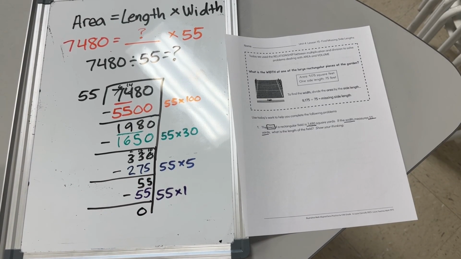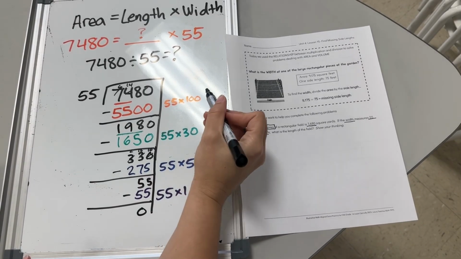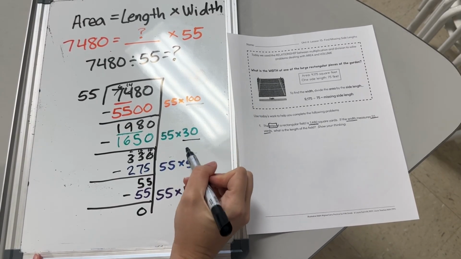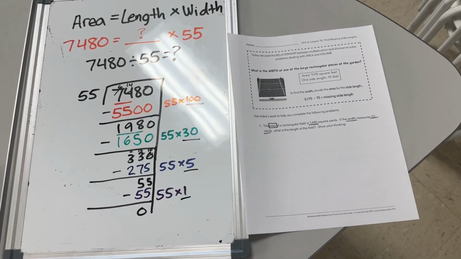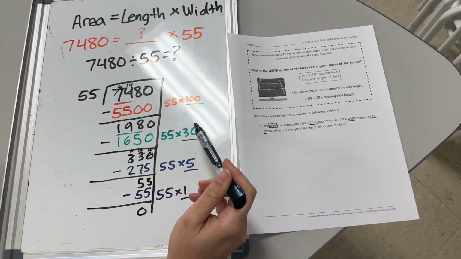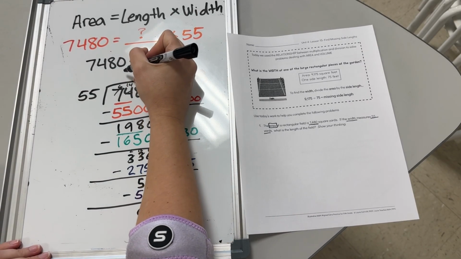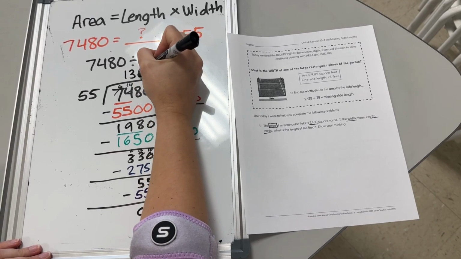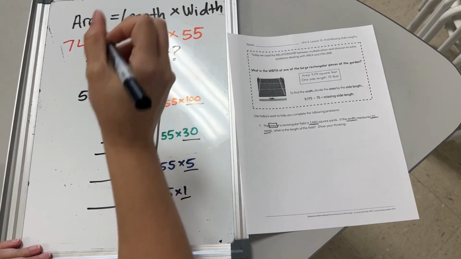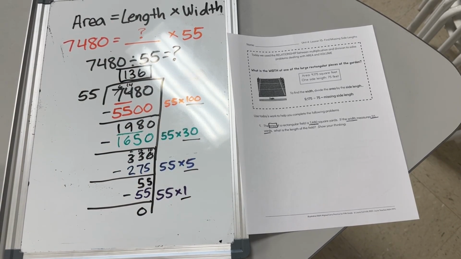Now that I have the 0, I need to look at all of my partial quotients, the 100, the 30, the 5, the 1, and I need to add them all together to get my final answer. So when I do that, I end up with 136 as my final answer. 136.